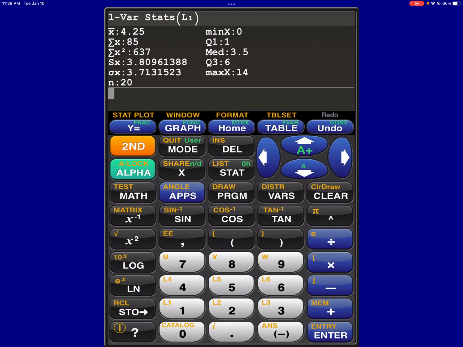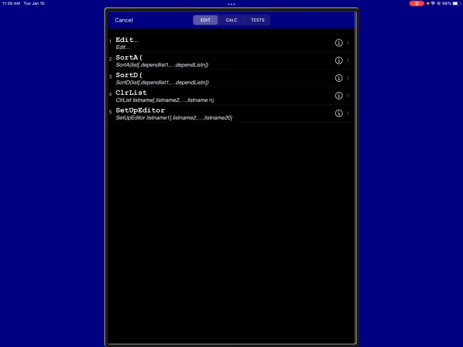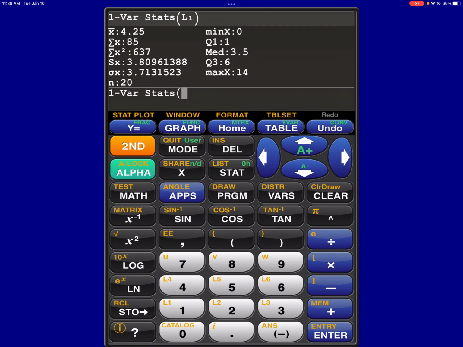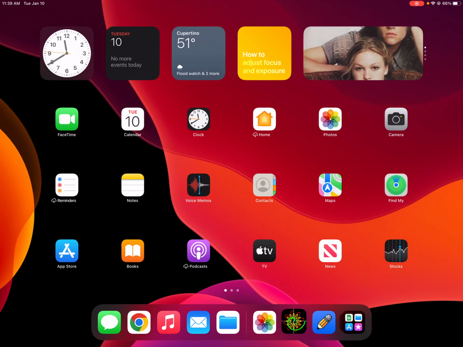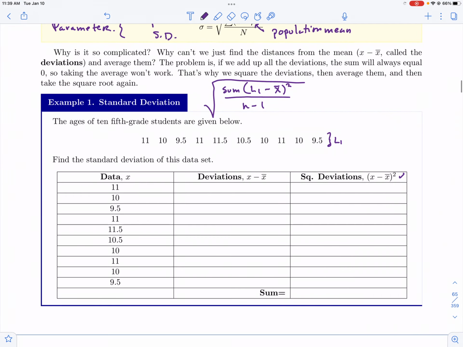Let's first find our mean by doing the 1-var stats. Again, this is list 1, and our sample mean is, of course, the 10.4 that we have there. So let's copy it over. Our x bar is 10.4.